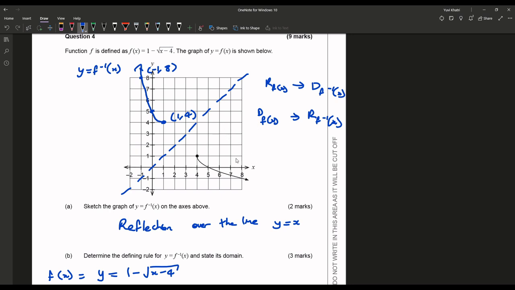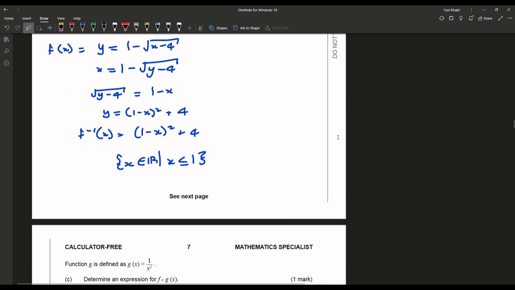So you can see here that this is y equals f of x, and its range is y is less than or equal to 1. So the domain of f inverse is just going to be the range of f of x, so it's going to be x is less than or equal to 1. And that is how you do B.